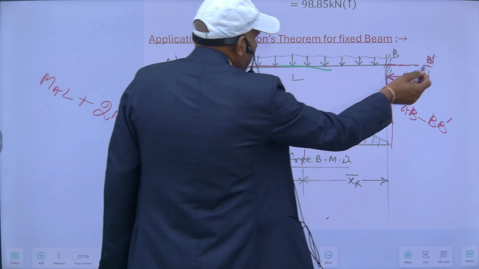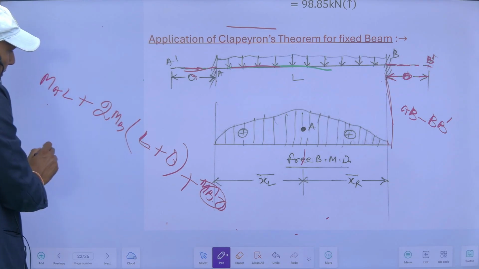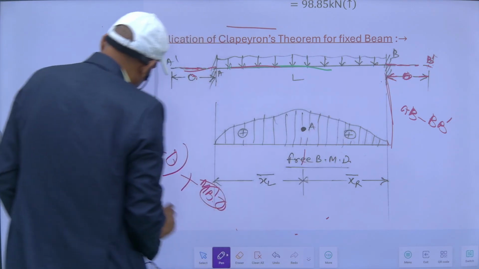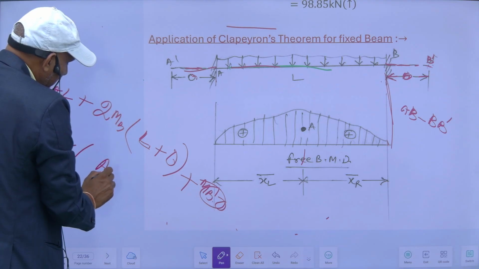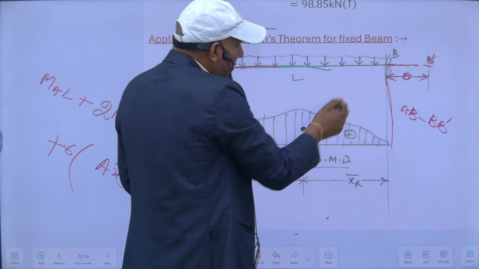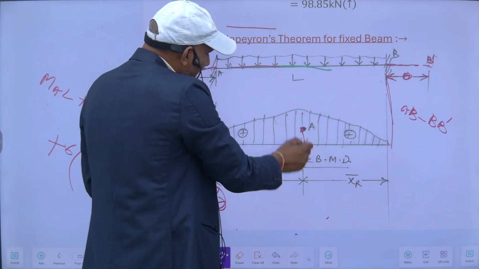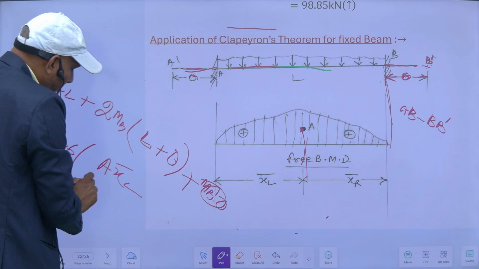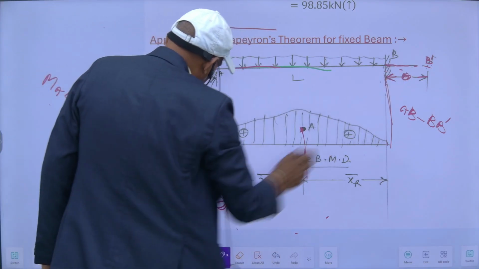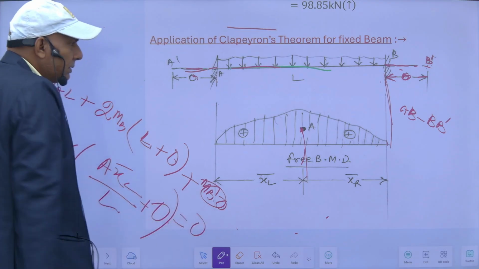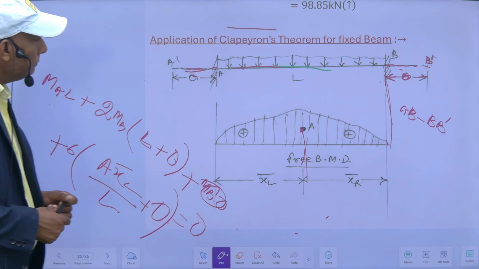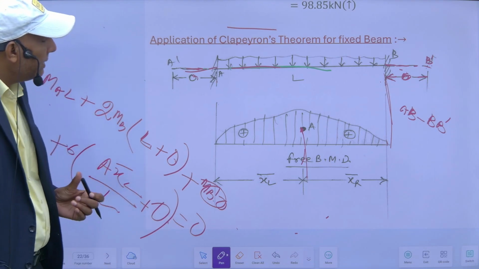This is the imaginary span, so this will be 0, plus 6 area of this into this distance. When I consider these two spans, I will take the centroidal distance from these ends. I will take this x left, so x left upon this length for 6 A2 x2, for this will be 0, is equal to 0. No settlement is there. So, this way I can find the moment, and I will apply the three moment equations for fixed beam.